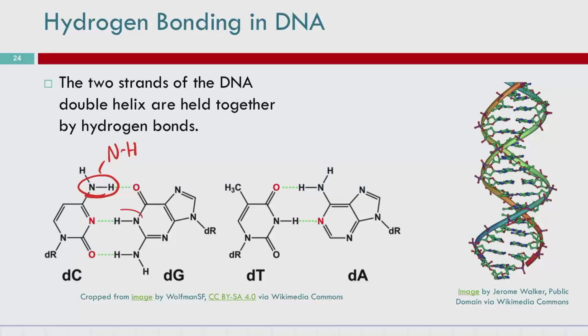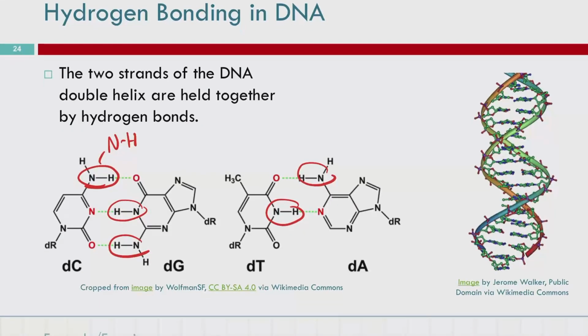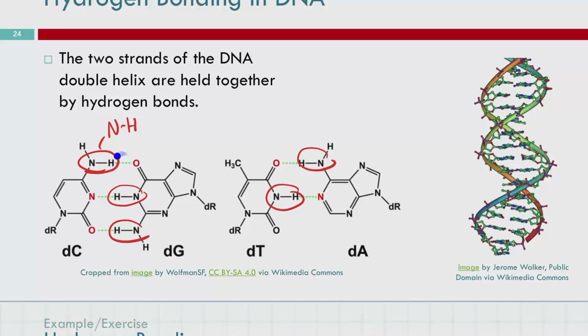Nitrogen bonded directly to hydrogen shows up in a bunch of the base pairs in our DNA. So that activates the ability to do hydrogen bonding. So we can do some hydrogen bonding with oxygens and nitrogens and their lone pairs and all sorts of fun stuff.